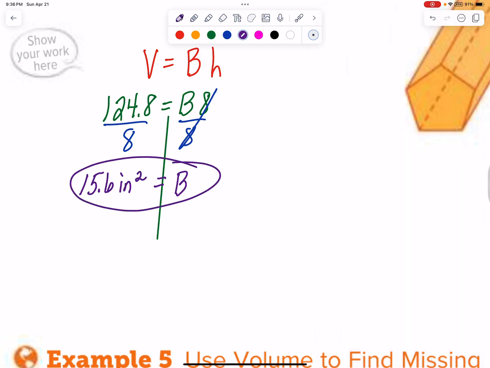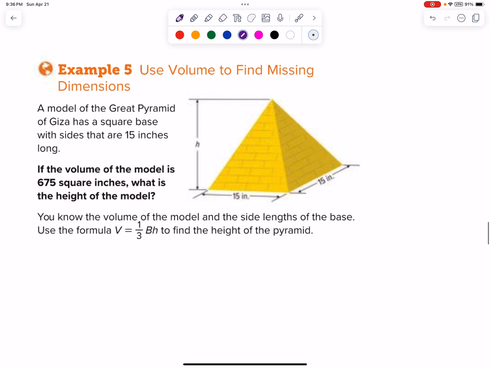All right, let's move down to here. Use the volume to find the missing dimensions. Here's the model of the Great Pyramid of Giza, and it has a square base with sides that are 15 inches long. If the volume of the model is this, what is the height is what we're trying to find.